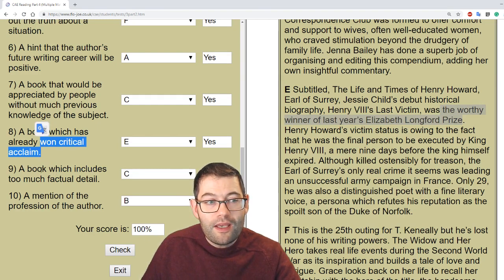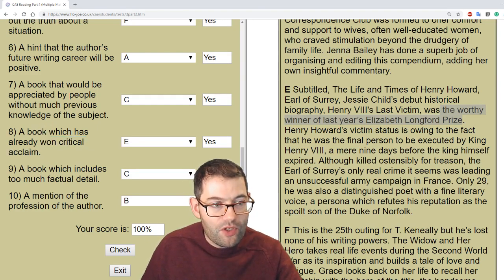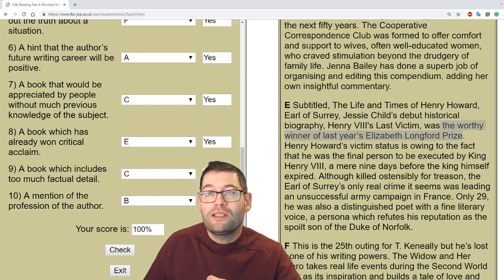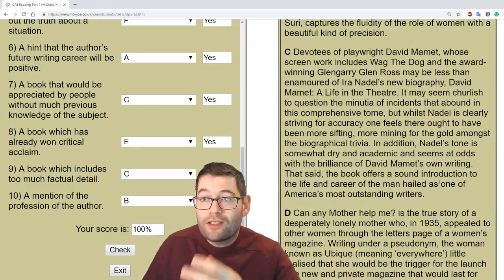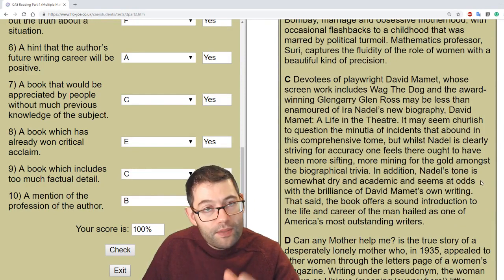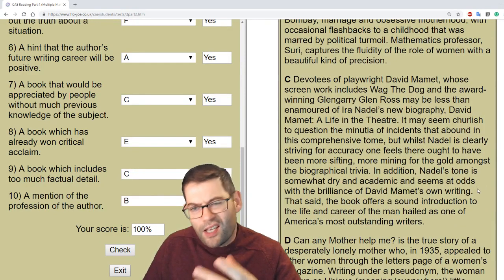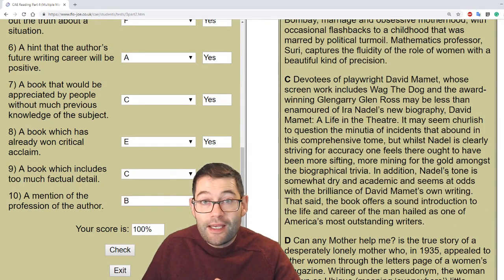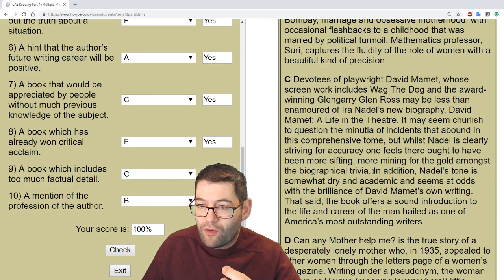For number 9, we're looking for a criticism of some kind, a book which includes too much factual detail. And if you remember back at the beginning, I talked about one particular text which was kind of critical, and indeed it is C, which is what our answer is. And we can find the vocabulary we're looking for here.